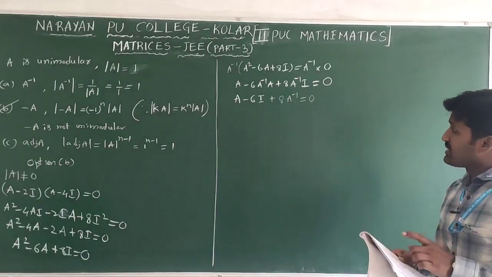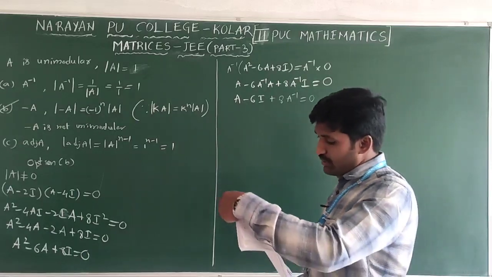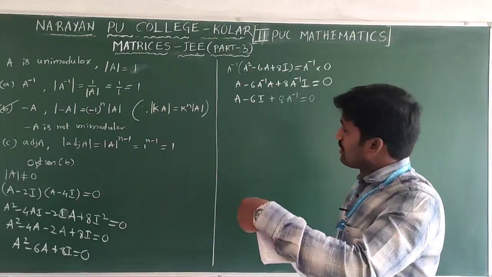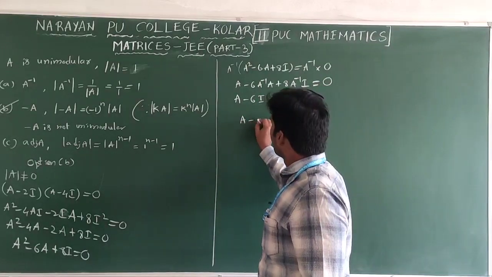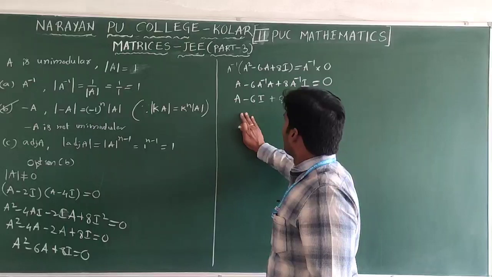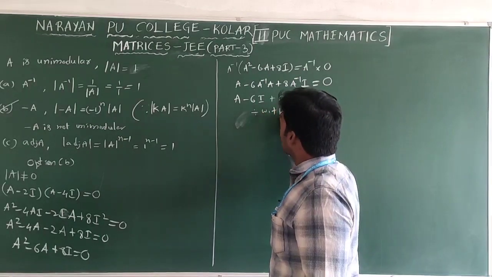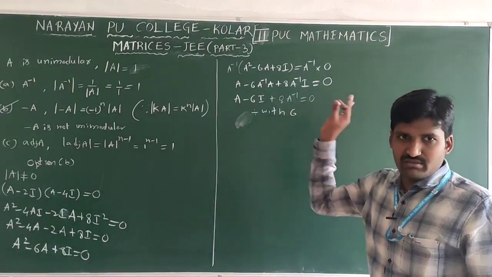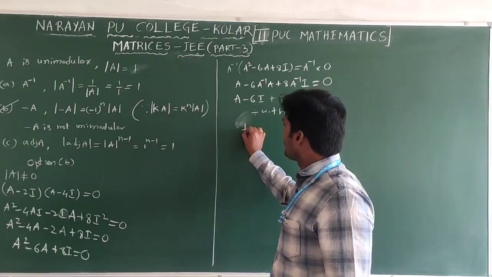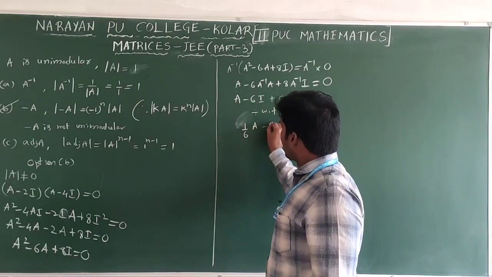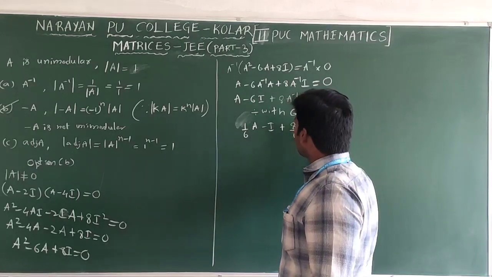We require the form 1 by 6 A and 4 by 3 A inverse. So divide the complete equation by 6, because we need 1 by 6 A. Then we get 1 by 6 A, minus I, plus 8 by 6 A inverse equal to 0.